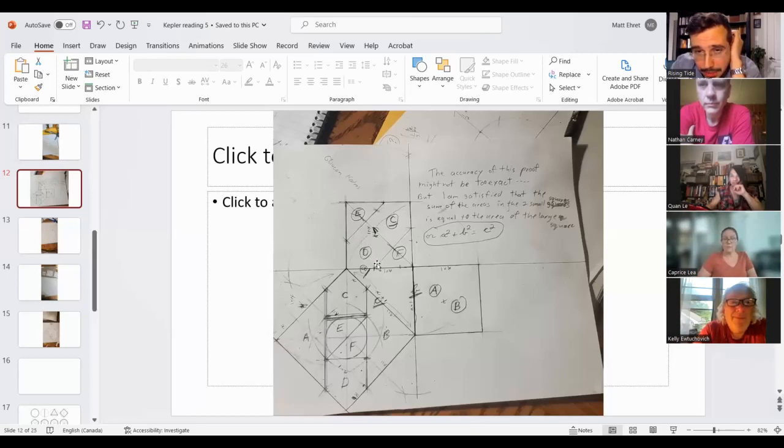You found a way to break it down. How did you choose this F and E? How did you select those two points, making it a half square? Did you first build the square here in the middle, which then gave you those areas, or how did you do that?